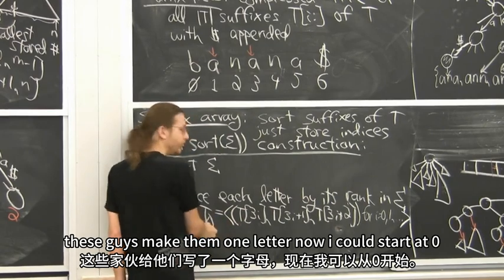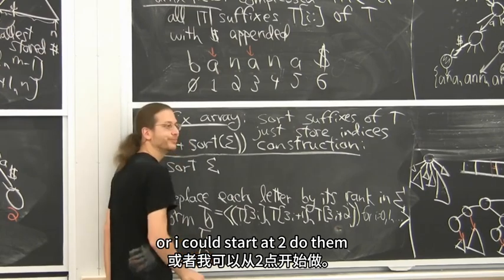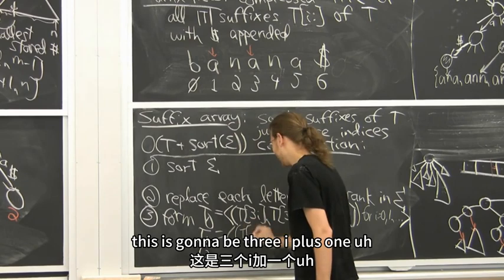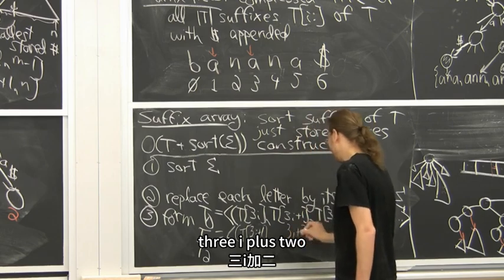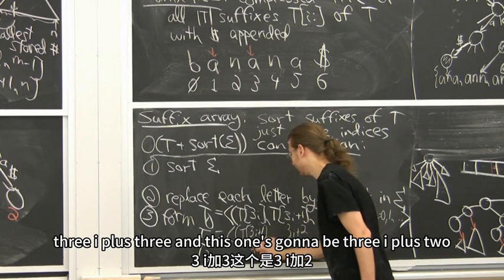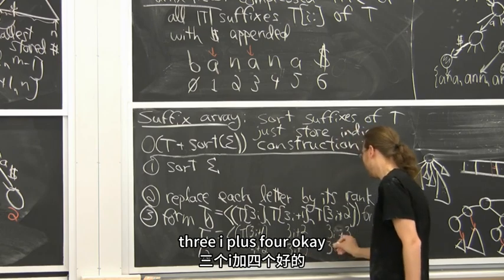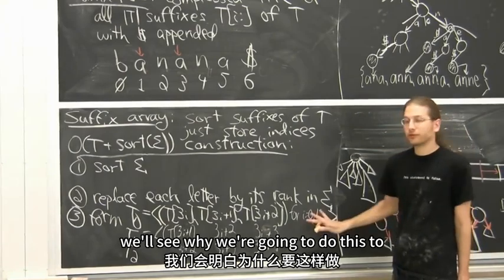Now I could start at 0, or I could start at 1, or I could start at 2. Do them all. So this is going to be 3i plus 1, 3i plus 2, 3i plus 3. And this one's going to be 3i plus 2, 3i plus 3, 3i plus 4. Okay, we'll see why. We're going to do this to recurse.